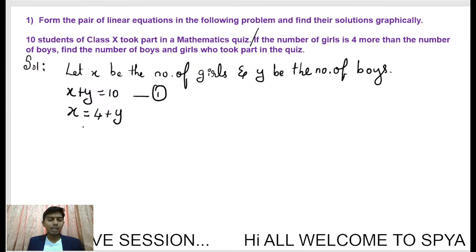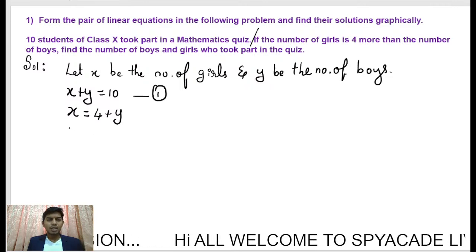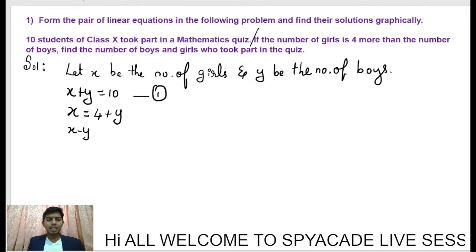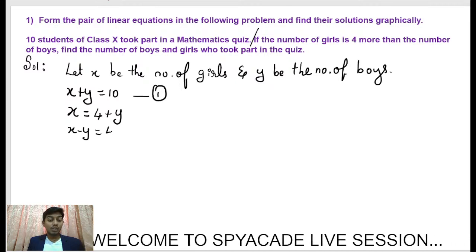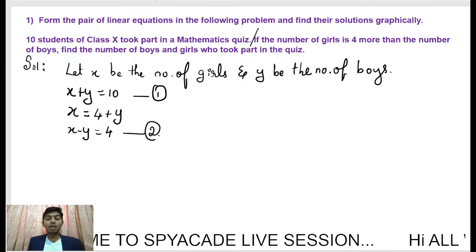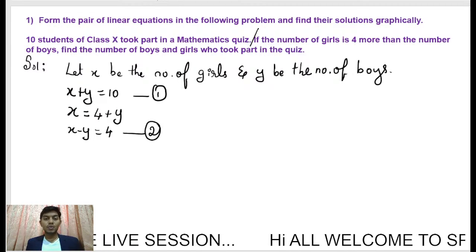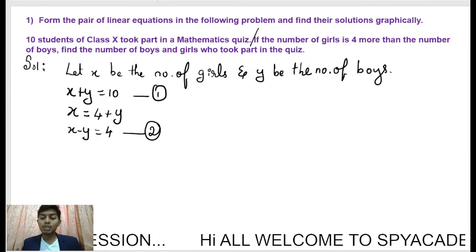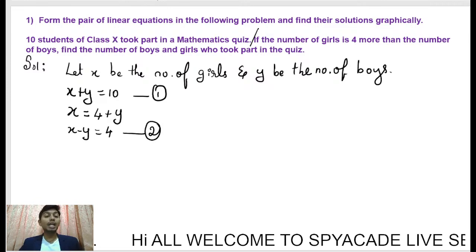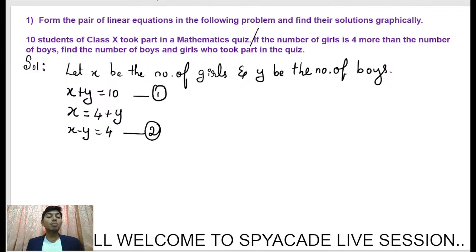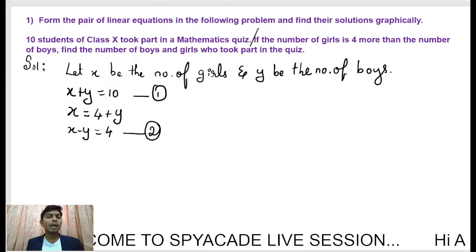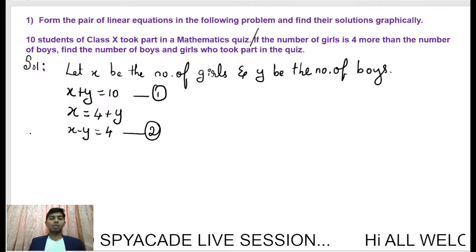So let us make it a proper equation. You will be getting x minus y is equal to 4. That is going to be your second equation. Is it clear for everyone? So now based on the given question, we made two different equations: x plus y is equal to 10 and x minus y is equal to 4.